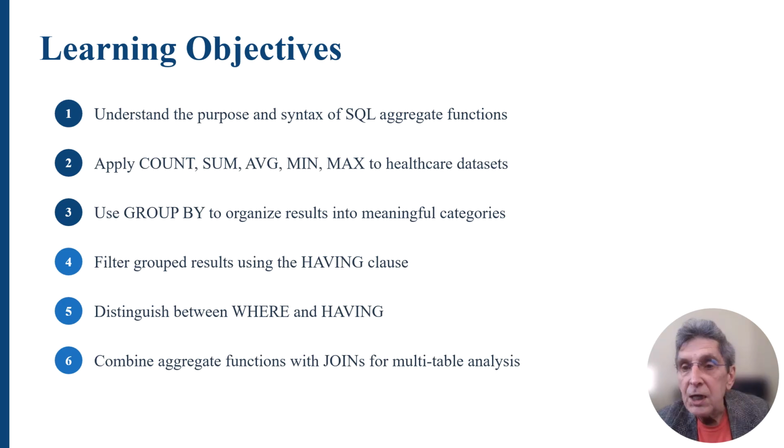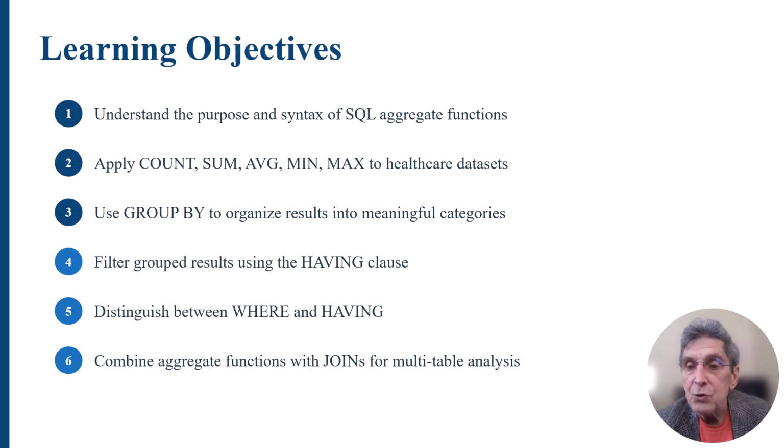By the end of today, part 6A, you should be able to accomplish 6 things. First, understand the purpose and the syntax of the SQL aggregate functions and when to use them. Second, learn how to use each of the 5 core aggregation functions, which include count, sum, average, min, and max, and how to apply them to our xHealth healthcare data set.